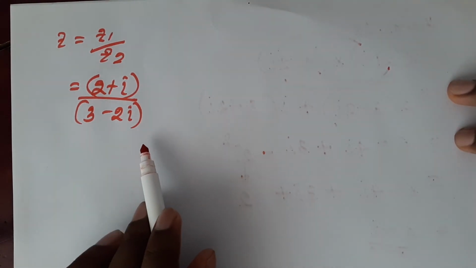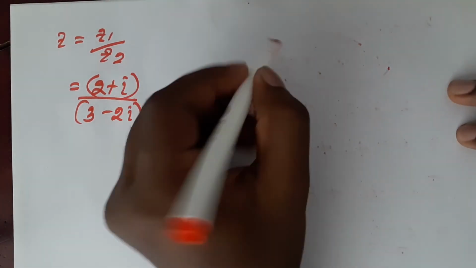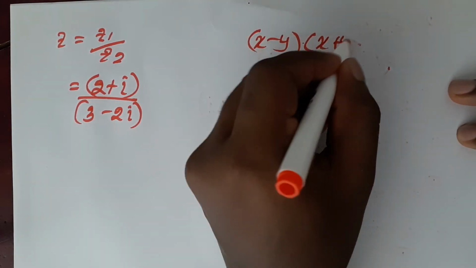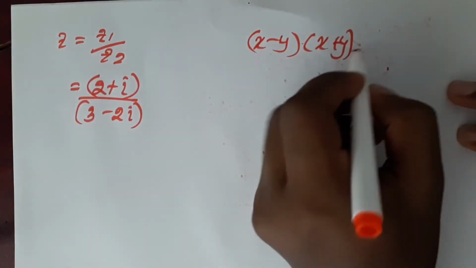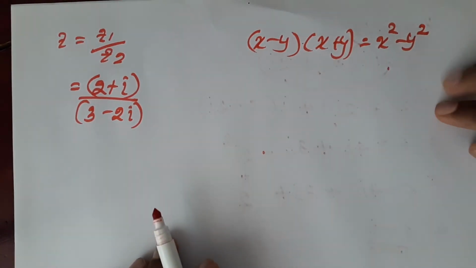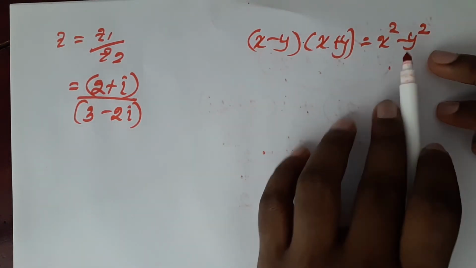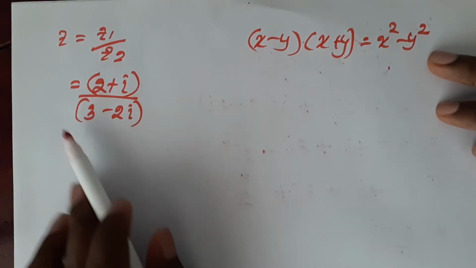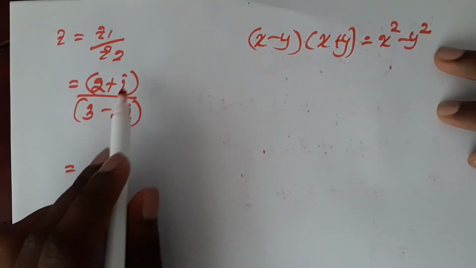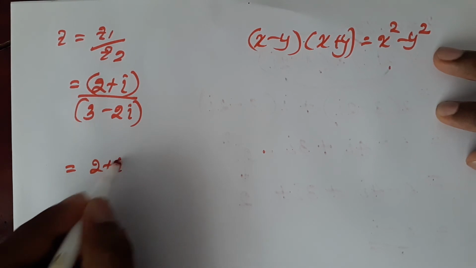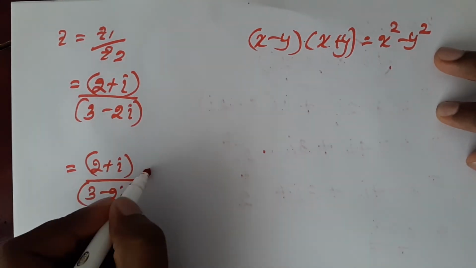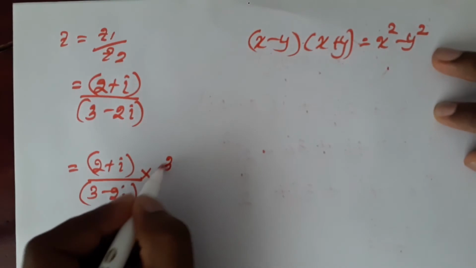Before doing so, I would like to remind you that the expression x minus y into x plus y results in x squared minus y squared. So we can use that to make sure that the entire denominator becomes a real number. To do that, I would multiply the entire expression, the numerator and the denominator, by 3 plus 2i.